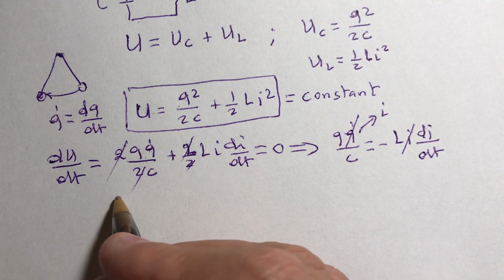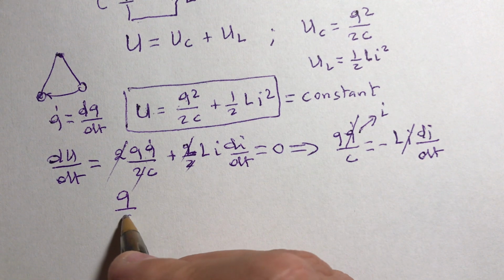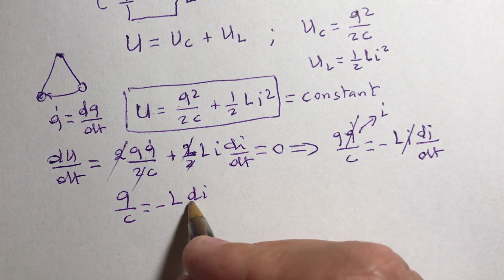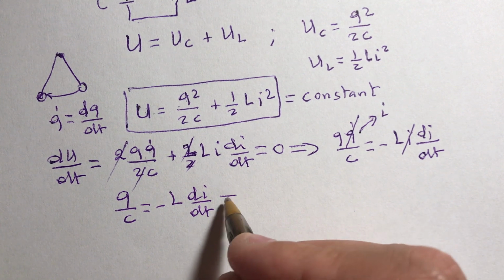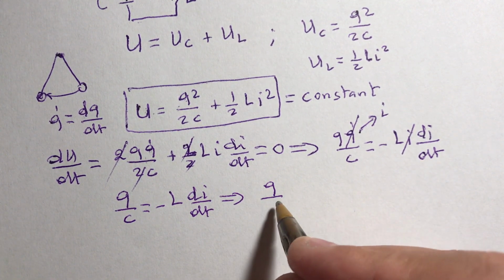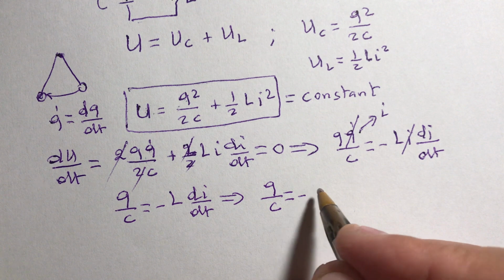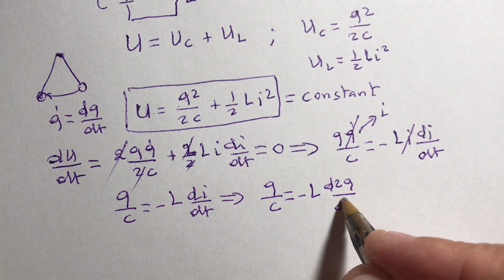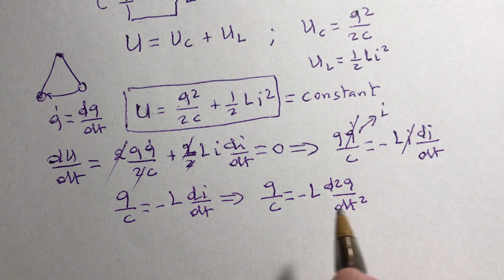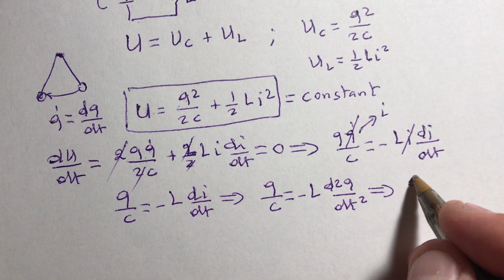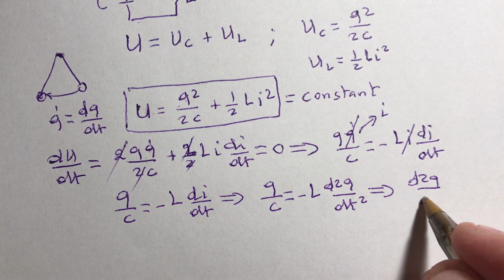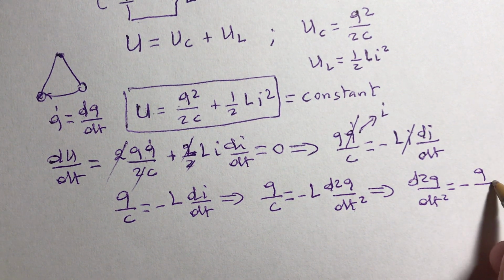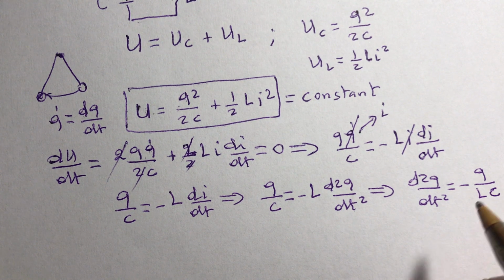And then I have Q over C is equal to minus L di over dt. This gives me Q over C is equal to minus L second derivative of Q over dt squared. So this will give me d squared Q over dt squared is equal to minus Q over LC.